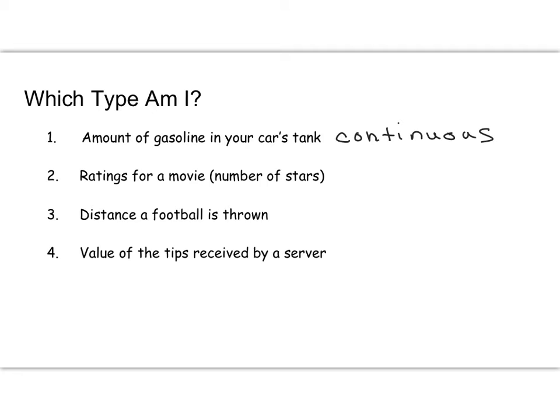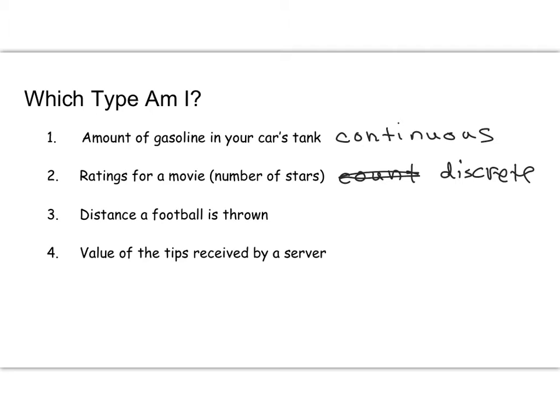Ratings for a movie. If we're thinking about the number of stars a movie gets, do we count that or do we measure that? Well, the number of stars are something that we would count, so those are discrete.